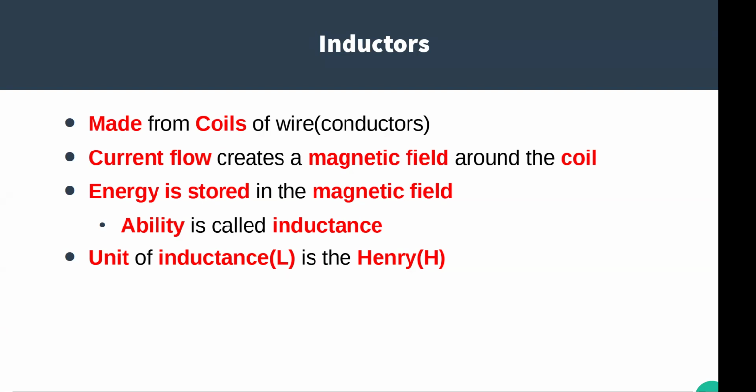The unit of inductance is the Henry with a capital H because it's named after a guy named Henry. And we use the capital L to represent inductance, where we use C for capacitance, R for resistance, L for inductance.